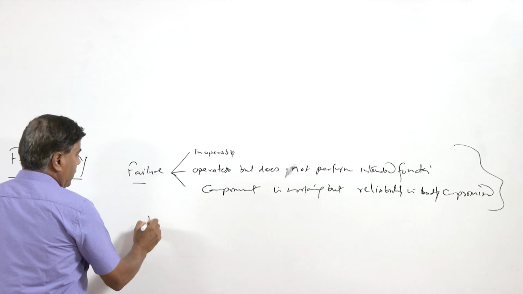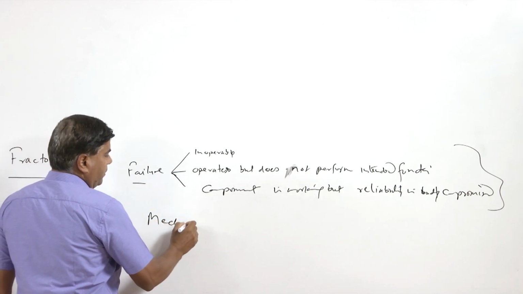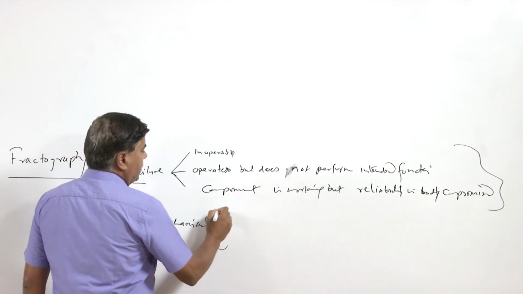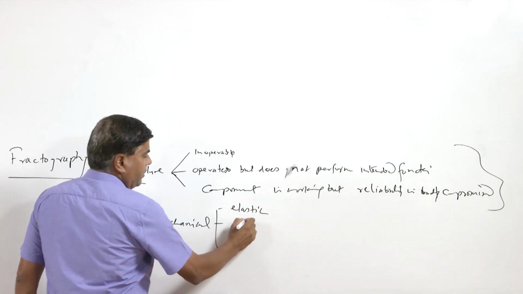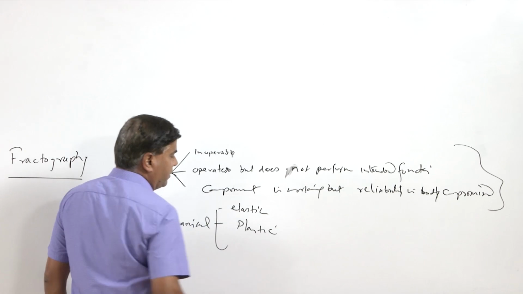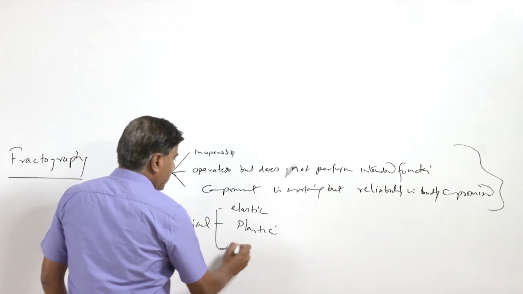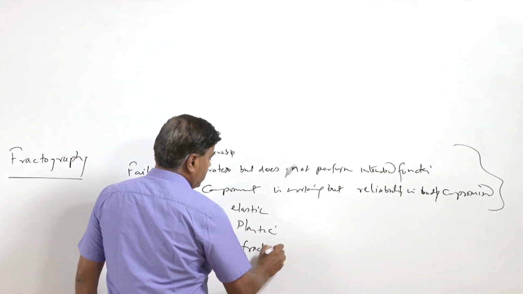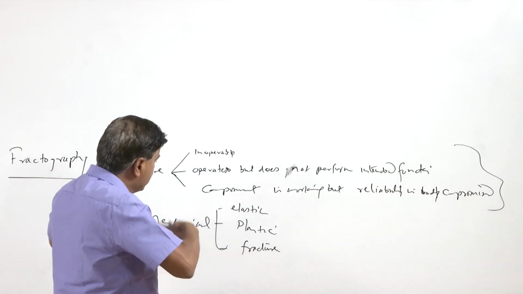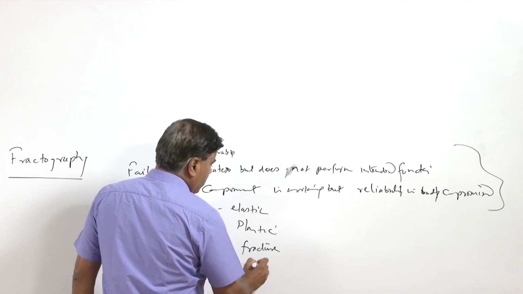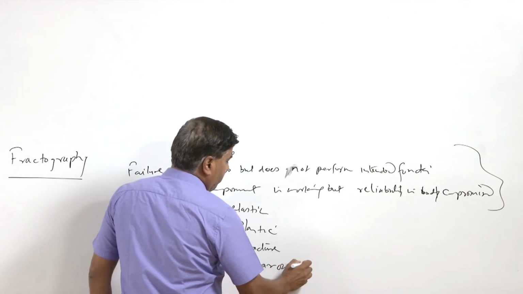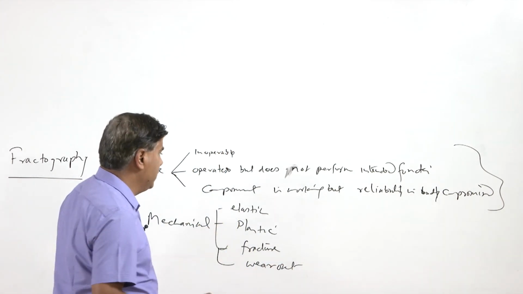But if it is about a mechanical component, then we say failure occurs when there is elastic deformation beyond the limit, or plastic deformation beyond the limit, or when fracture has taken place. In case of a mechanical component, there is one more: wear out of the sample beyond the acceptable limits.